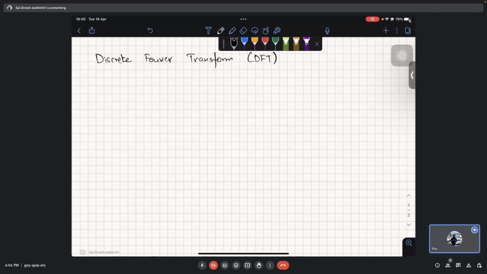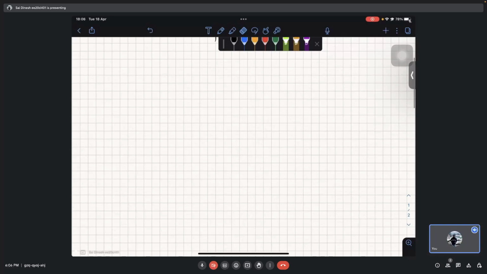So let's briefly go to the previous ones, which is the continuous time Fourier series.